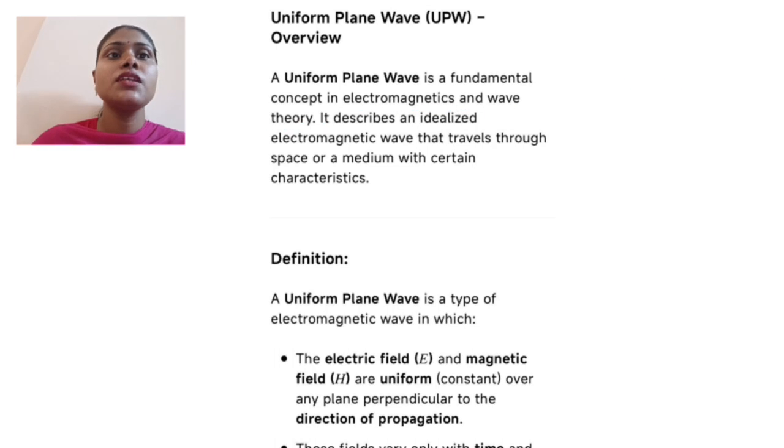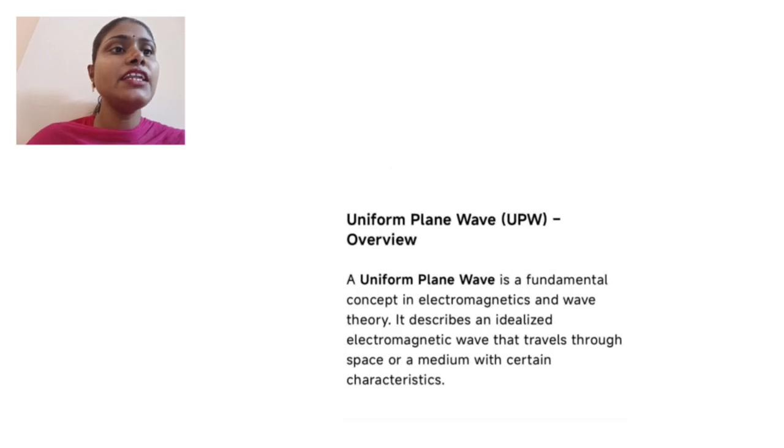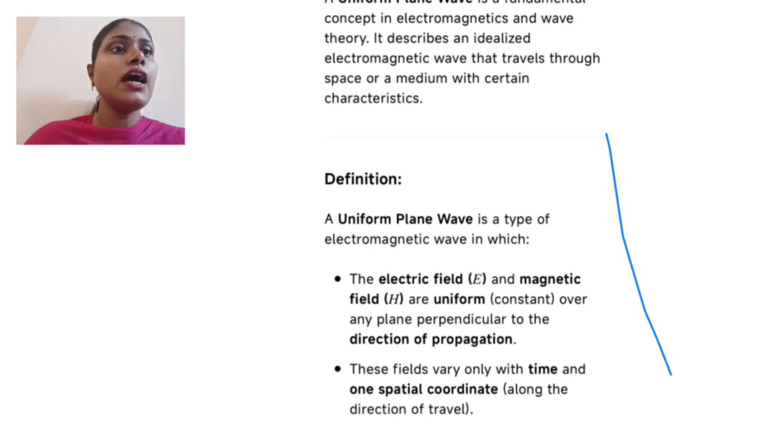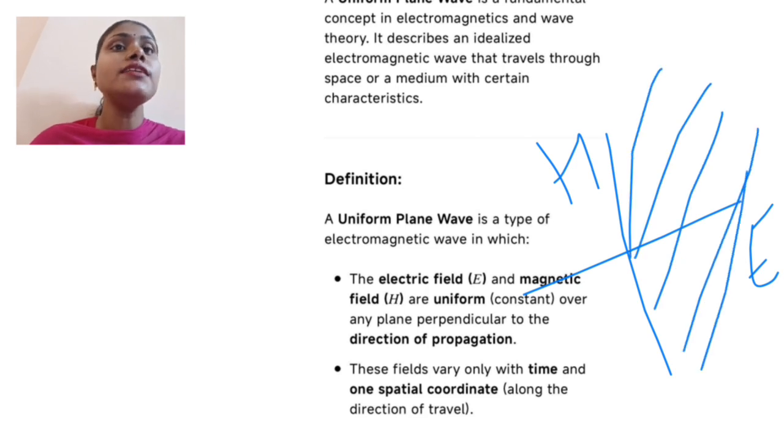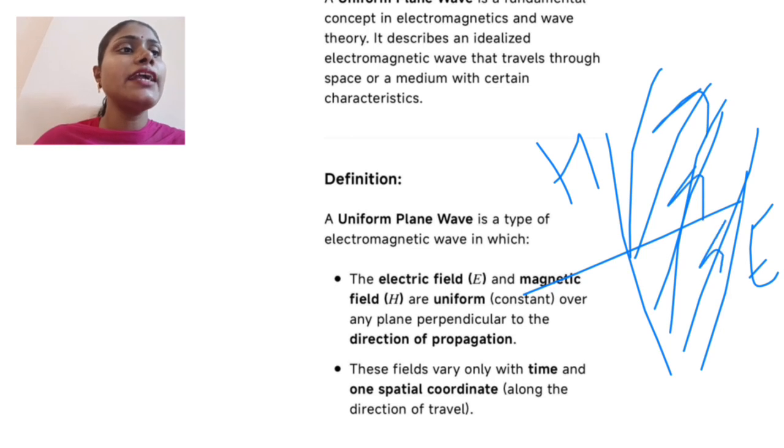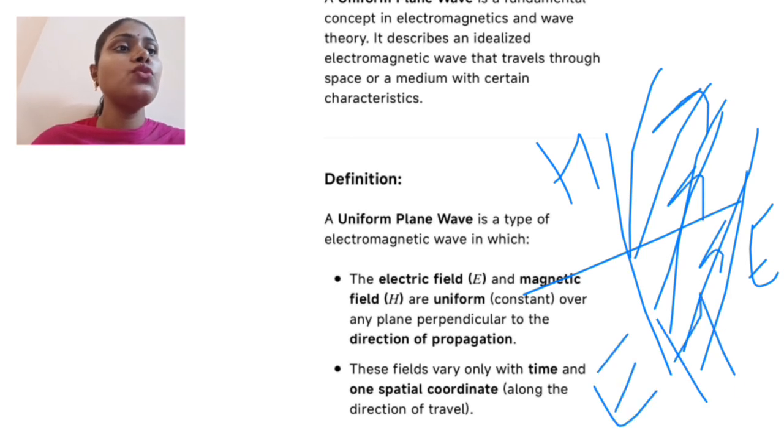So uniform plane wave is an electromagnetic wave in which the electric and magnetic fields are constant and perpendicular to the direction of propagation of our wave. It means if this is the direction, our electric and magnetic fields both will be perpendicular to the direction of propagation.